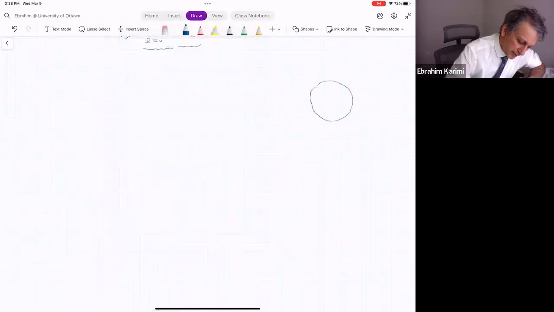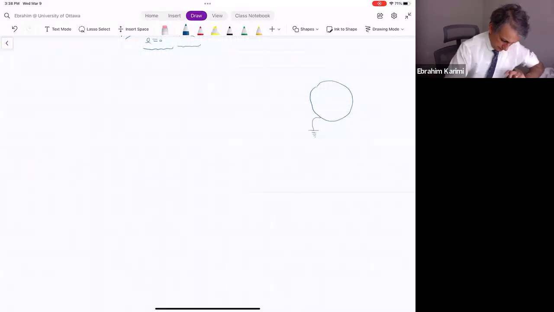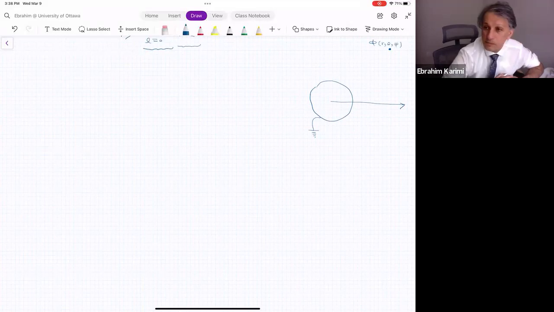I assume that I have a sphere, which is grounded. And I'm looking for the potential at any place outside of this region. Okay.